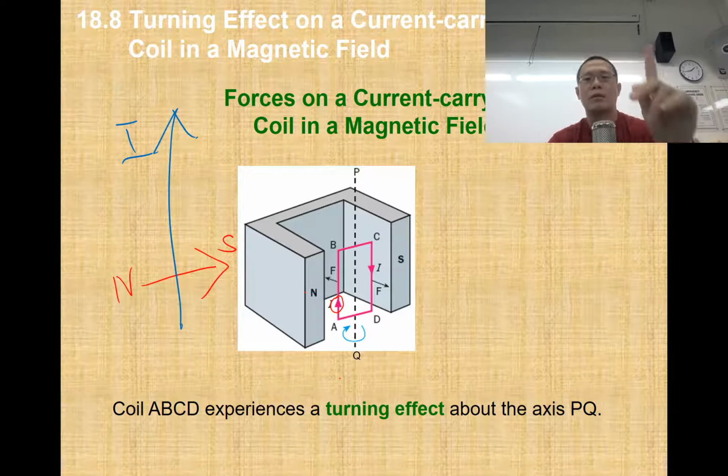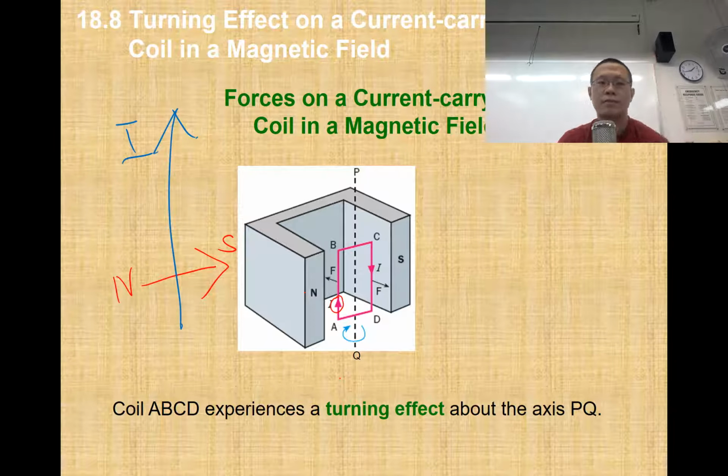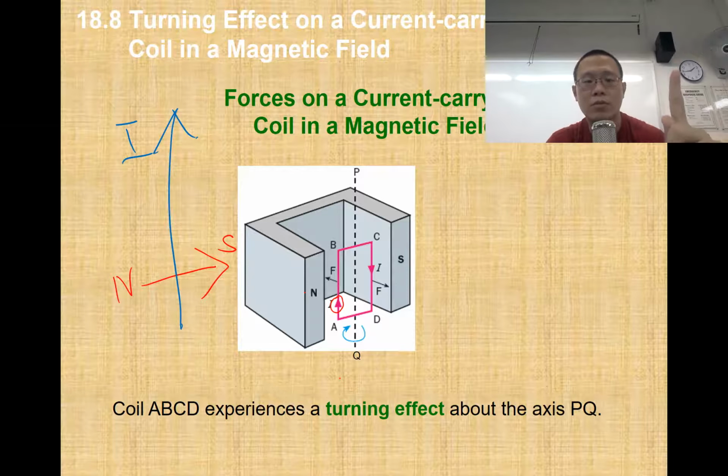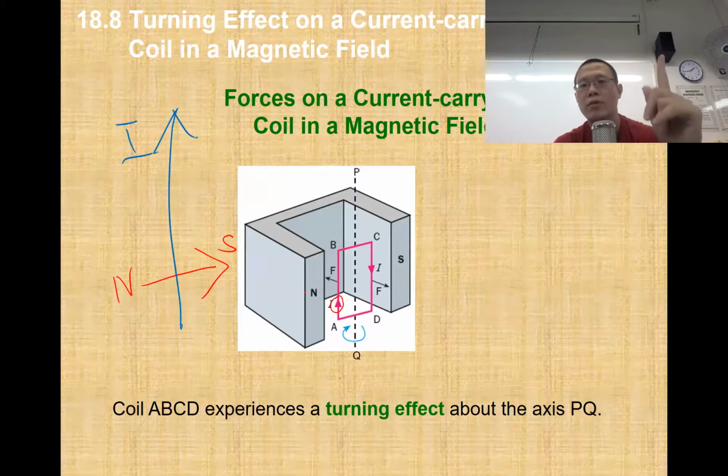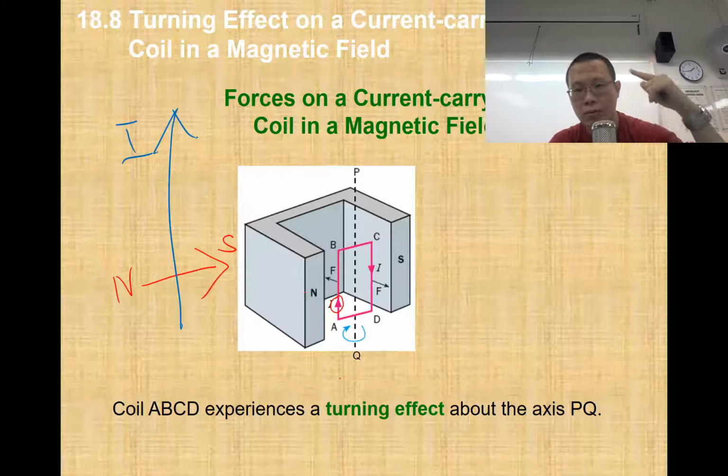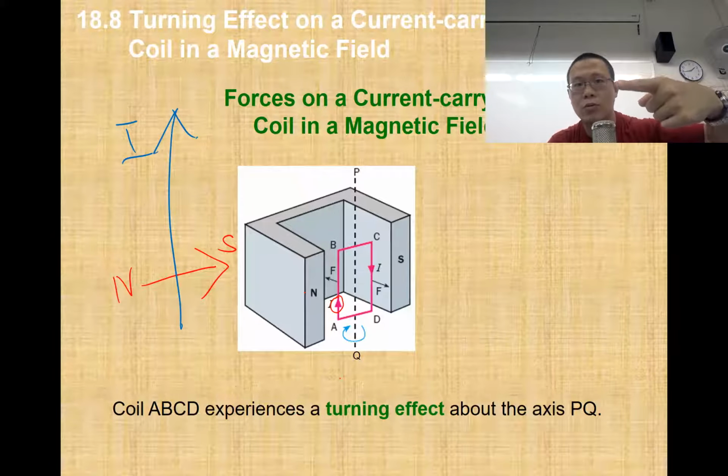When my current is upwards, you'll find that certain things will happen in your Fleming's left-hand rule. I have a force induced, with the field and current. My field is pointing from north to south, so my field is pointing to the right.